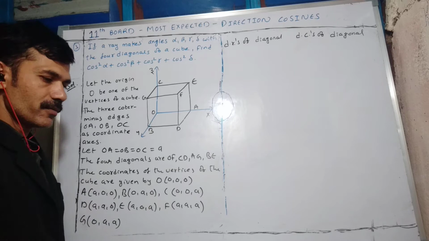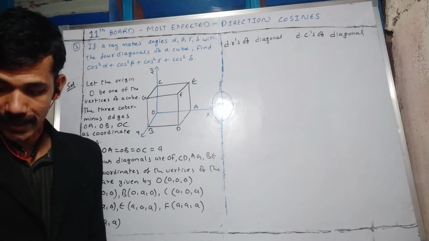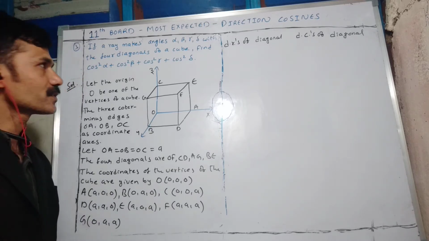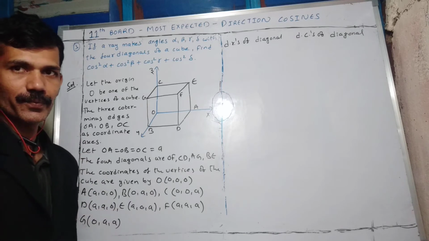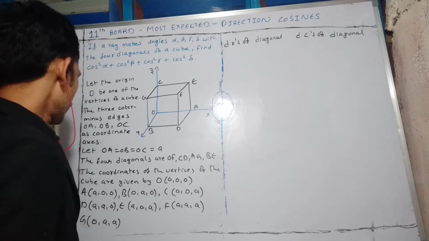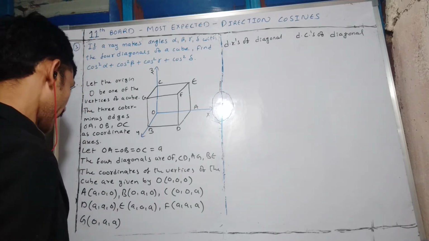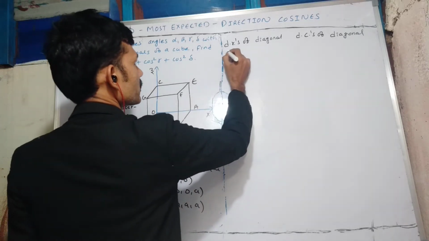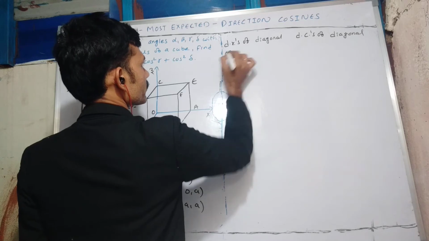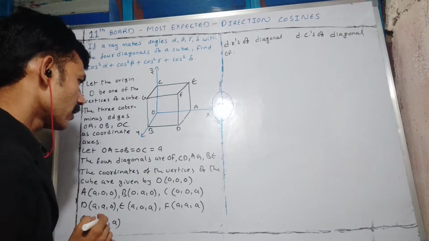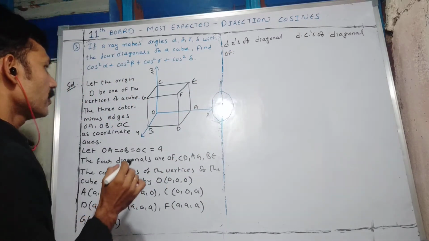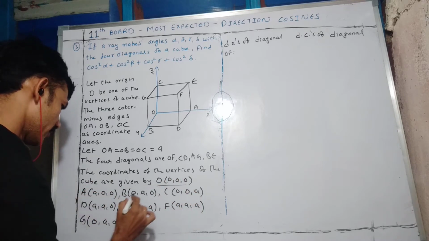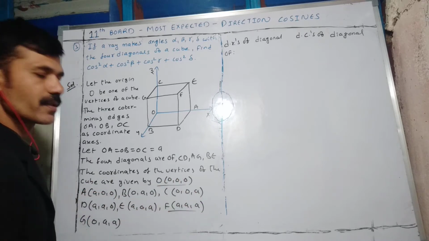Now we should know the direction ratios and direction cosines, then only we can find cos alpha. Direction ratios we'll find first. We have to find for each diagonal. First we'll find for OF. O and F are here.